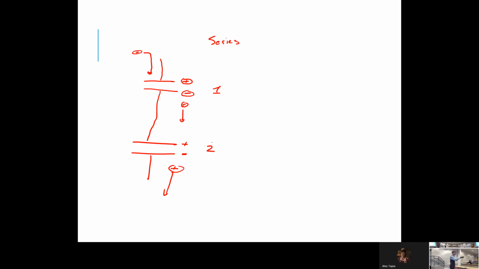No. Even if there's a resistor between the two, resistors do not remove charge. They slow the charge down. More specifically, resistors remove energy from the circuit. It removes some of the kinetic energy of the electron, but it does not remove electrons themselves.